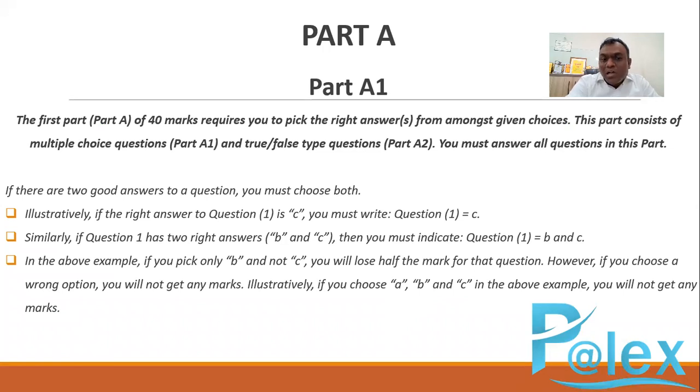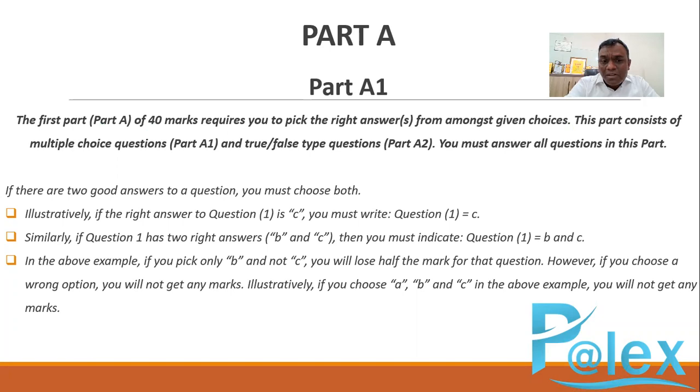If there are two good answers to a question, you must choose both. That is, if for question 1 the correct answer is C, you must write C. But if question 1 has two correct answers, B and C, then you must indicate question 1, B and C. So if there are multiple correct answers, you have to choose those multiple correct answers.